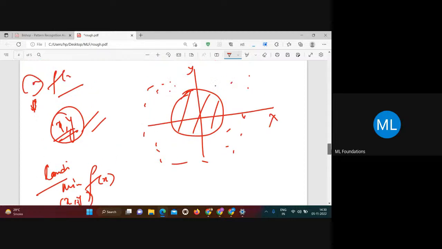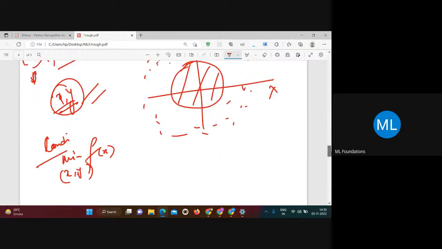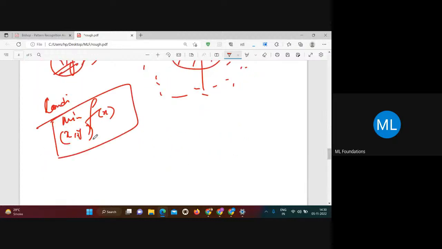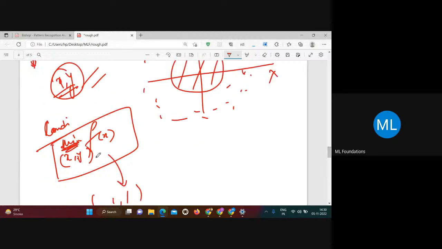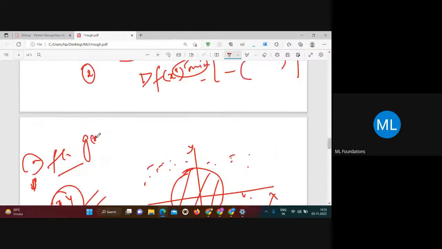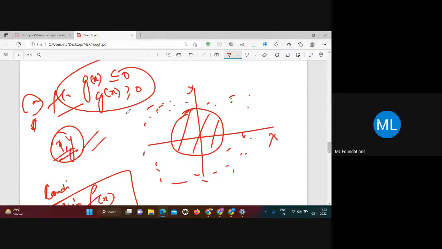You have a large chunk of values, but if you have to minimize this function, you'll be getting a fixed point, right? I don't think it will make any impact whether it's g of x less than or equal to zero or greater than or equal to zero. This is not going to impact the function for sure.